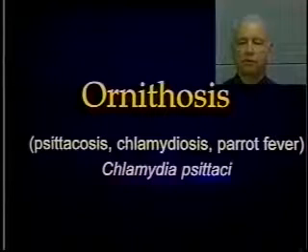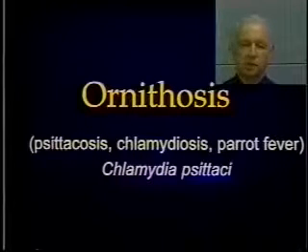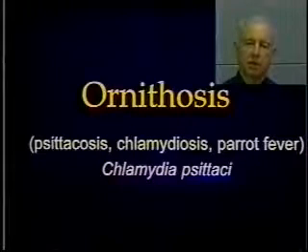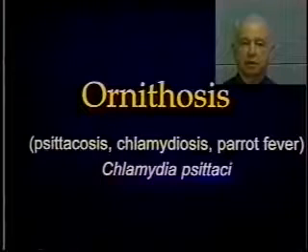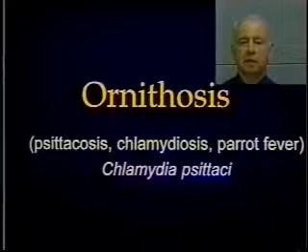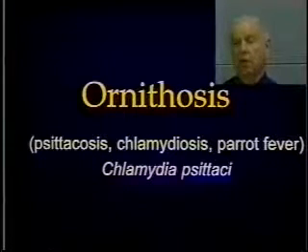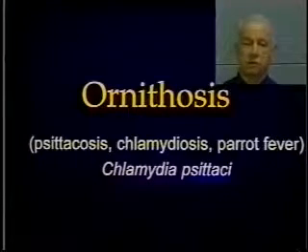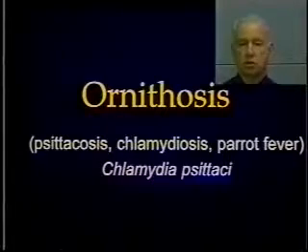Ornithosis more commonly refers to the disease as it occurs in domesticated poultry, particularly in turkeys. But nevertheless, the disease syndrome in humans is similar regardless of the source, and primarily associated with pneumonic signs from the organisms that are demonstrated in this slide.